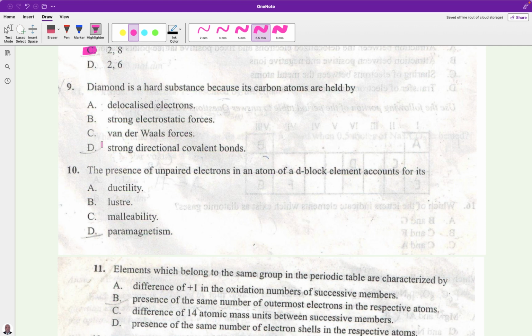No, that exists between ions. Van der Waals forces? No, this one exists in graphite. D. They are held by strong directional covalent bonds. Excellent. That is what happens in diamond. So 9 is D.